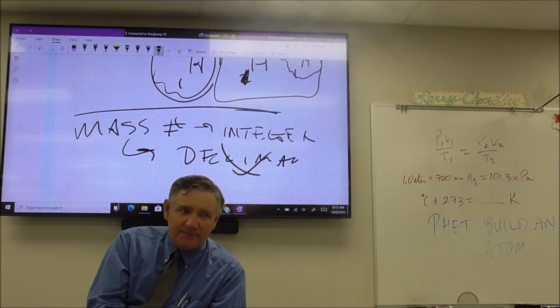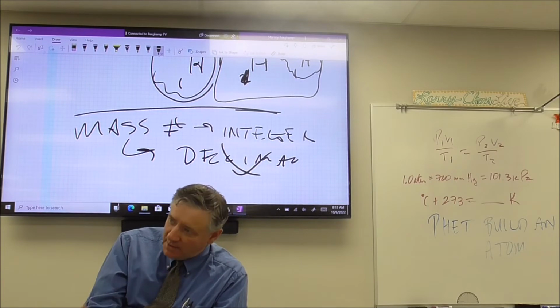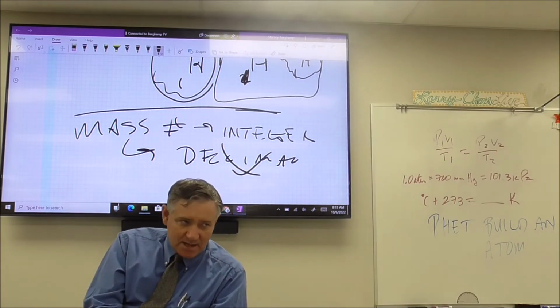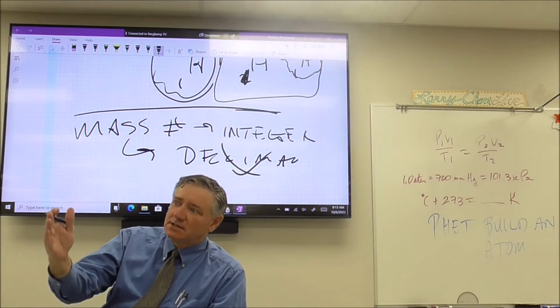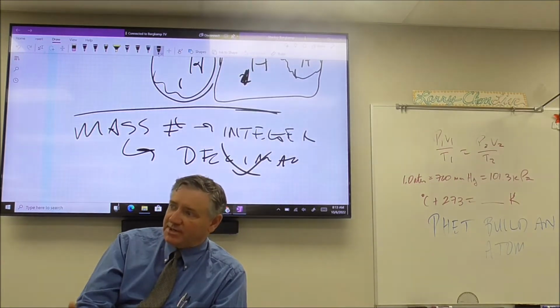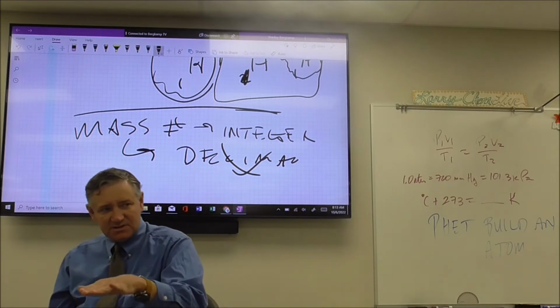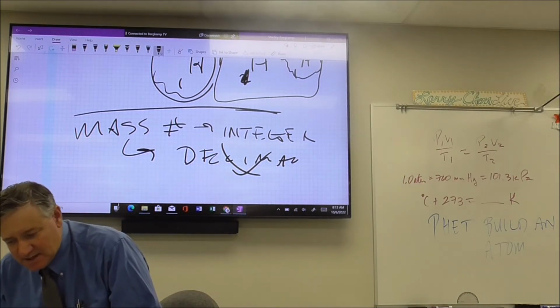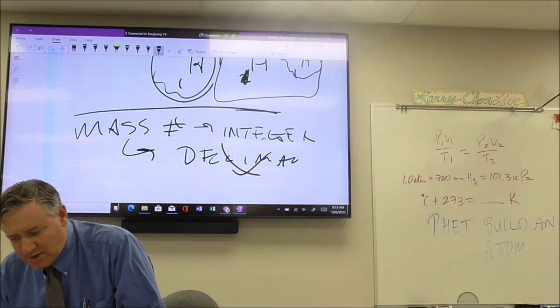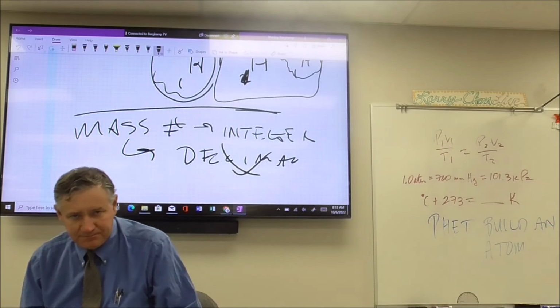So you will never, ever see a mass number as a decimal, because it's a whole number of particles, okay? Now, the next question is a little bit tricky. It says, can you find the mass number of an element on the periodic table? Okay?